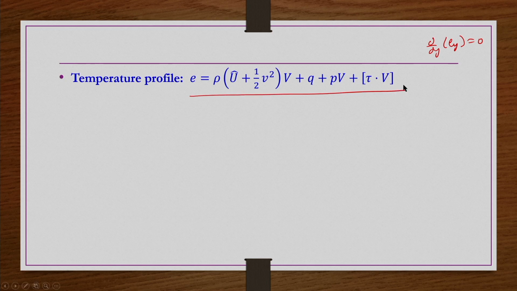The e has contributions from conduction, convection, then any work done because of the pressure, and then any molecular stress energy, like viscous dissipation, etc. Those terms are included. But now we have to incorporate a term because of the mass transfer also.